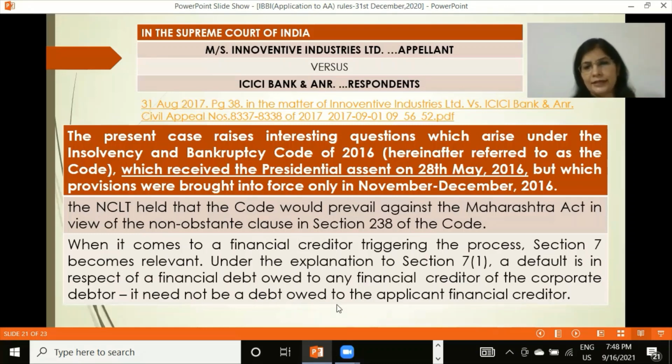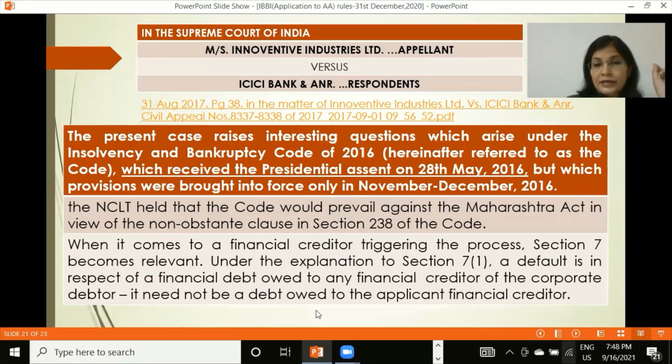It is saying that if there is a loan given by SBI to the corporate debtor, by ICICI Bank, by Axis Bank, by PNB, by HDFC Bank, there are so many banks which give loans, but it's only the payment of HDFC Bank that is being defaulted. Can SBI make an application? Can ICICI make an application? Or can only HDFC, whose loan is defaulted, make an application?